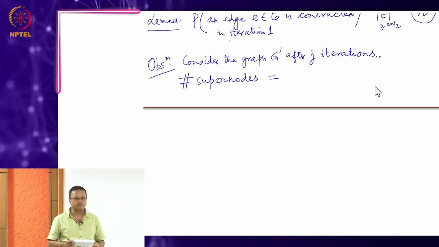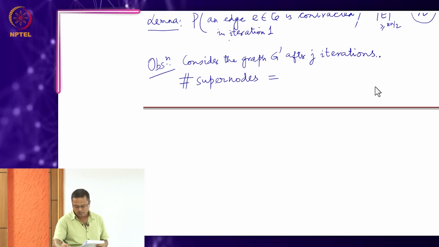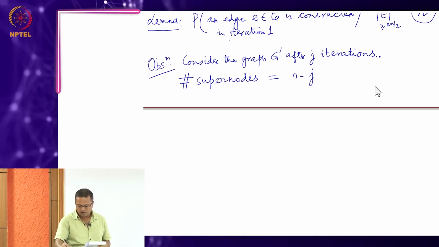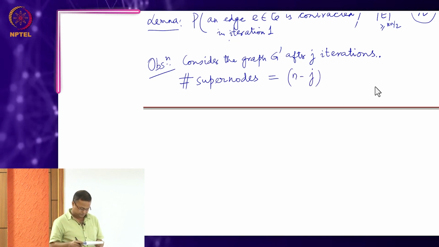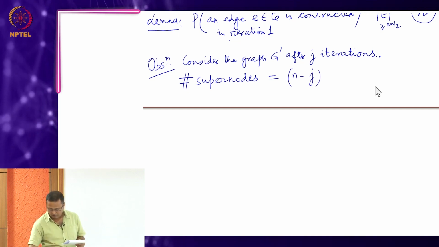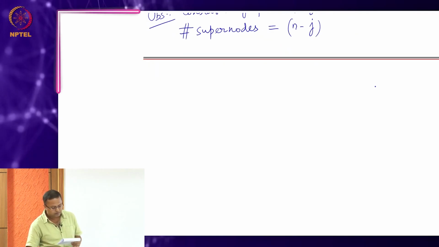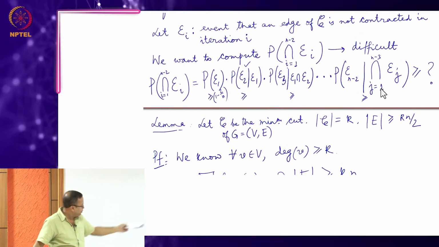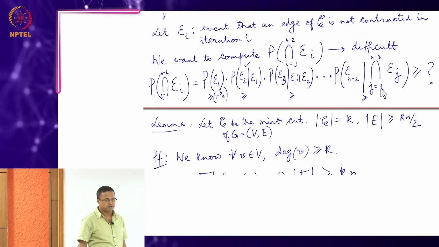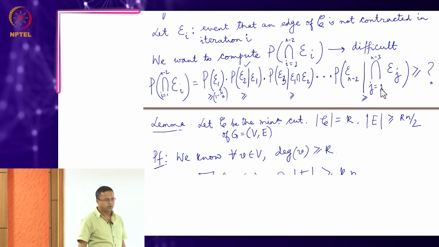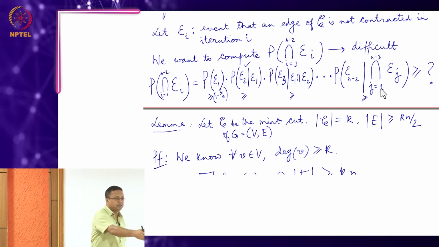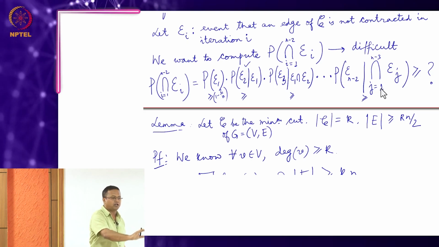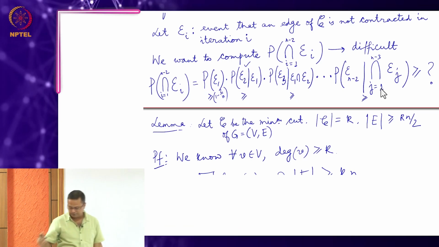So after j iterations it should be n minus j. Mind you, my goal now is to find these conditional probabilities. So I am looking at a situation where after the jth iteration no edge of the cut has been touched or contracted.